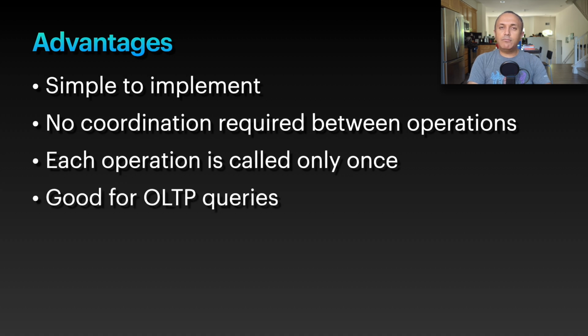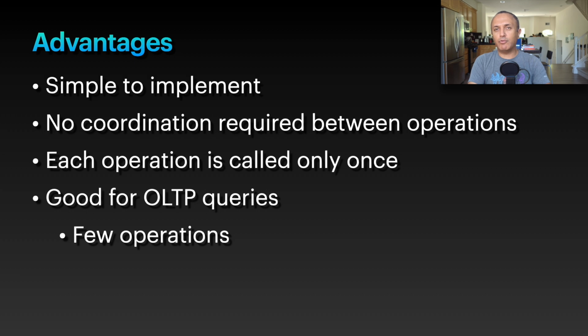The materialization model is very good for OLTP queries. OLTP queries means small, operational queries that are usually very simple, either point queries or operating on a very small number of rows, and they usually don't have too many operations as well. The reason it's good for these queries is because, like I said, it has few operations.